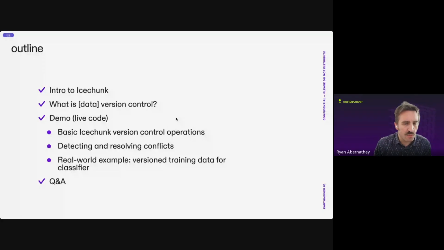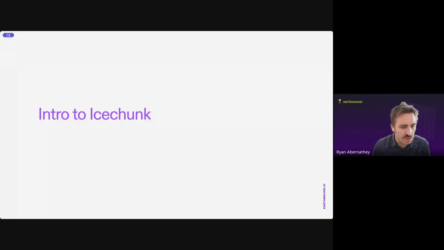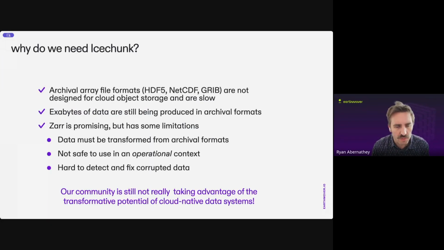Let's dive into what is Icechunk, introduction to Icechunk. So first of all, why do we need Icechunk? What's the motivation for creating this new file format? There are a lot of archival array-based file formats out there like HDF, NetCDF, and GRIB. And this is where most of our existing data in weather, climate, and geospatial is produced.